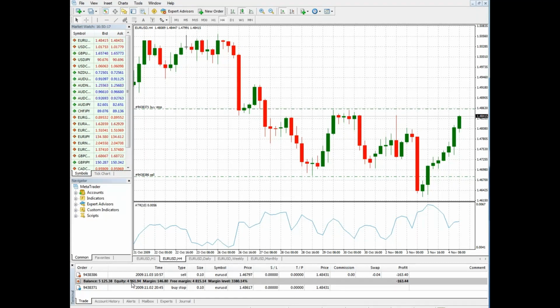This is where we are equity-wise. And this is important, too, because you have to evaluate how you feel about actually being in negative equity. So at 49.61, we're actually below the $5,000 mark that we started off with as far as profits is concerned.